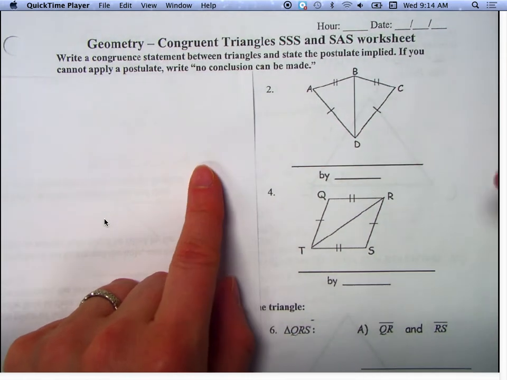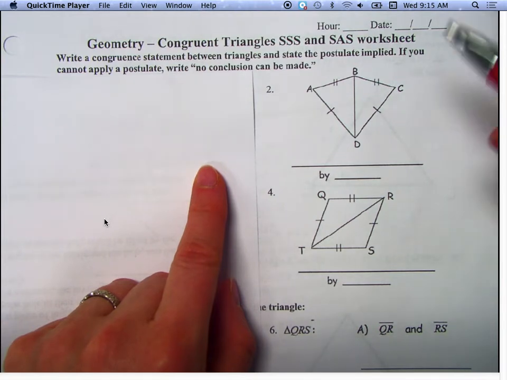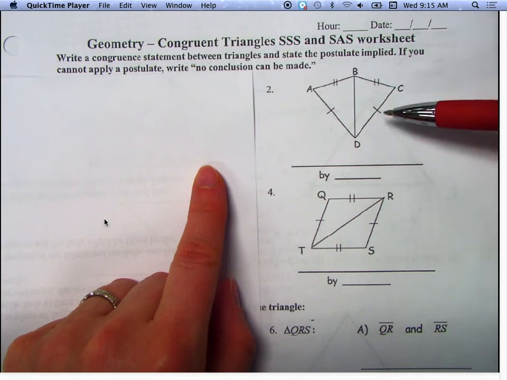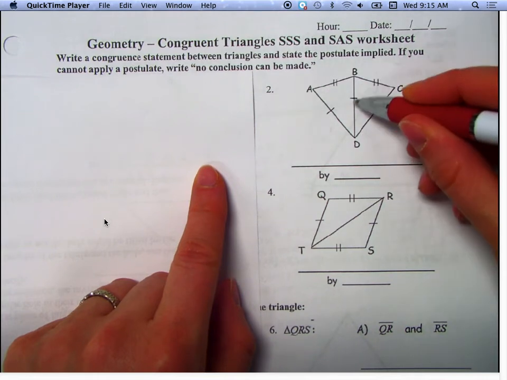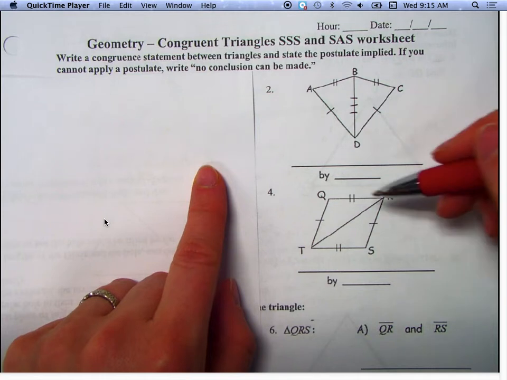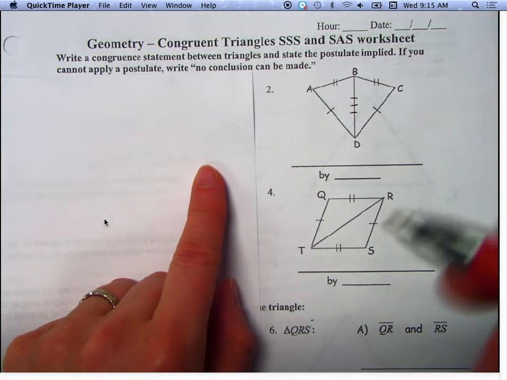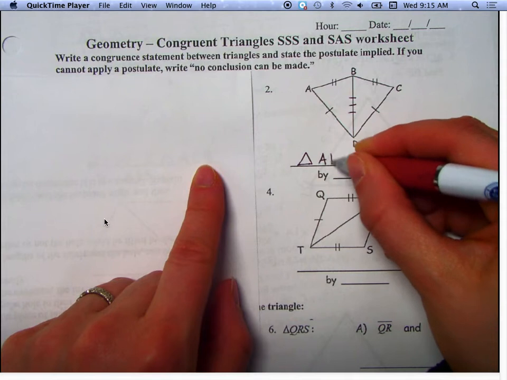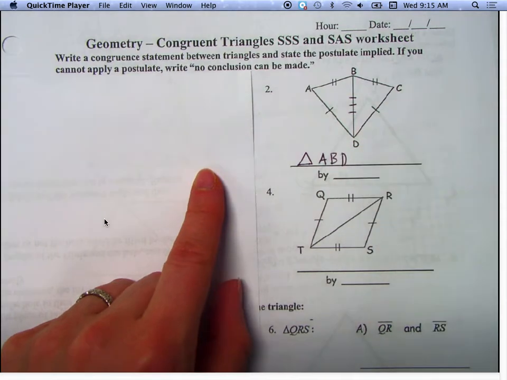What else do I have? Do I have another side or angle somewhere? I know AD and CD. What else? BD is congruent to BD, and that's by reflection, right? So now I can say triangle A, B, D. Now I said it in this order, right?